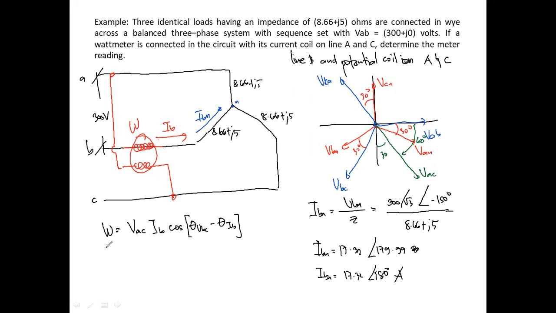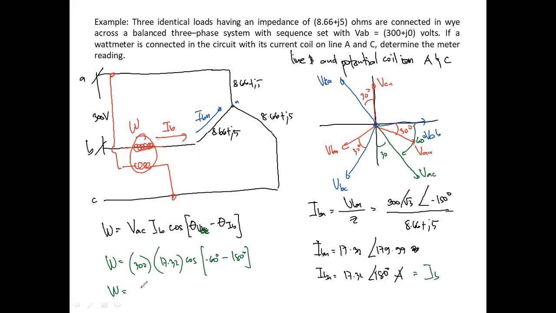Therefore, we can calculate the wattmeter reading to be 300, that's the magnitude of VAC, times the magnitude of IB, 17.32, times cosine of the angle of VAC, that's negative 60, minus theta IB, which is equivalent to 180. So that's the wattmeter reading.